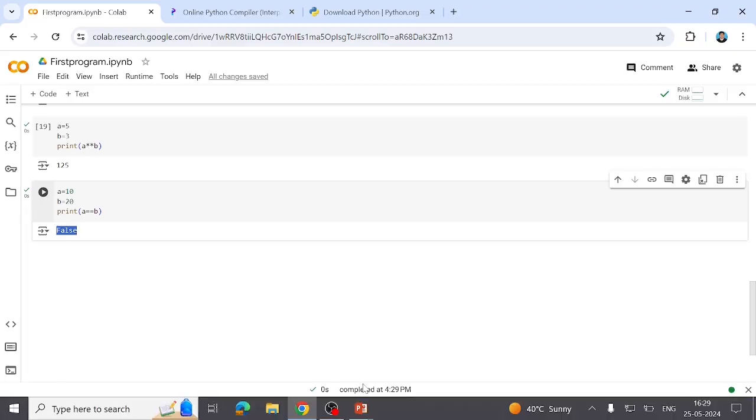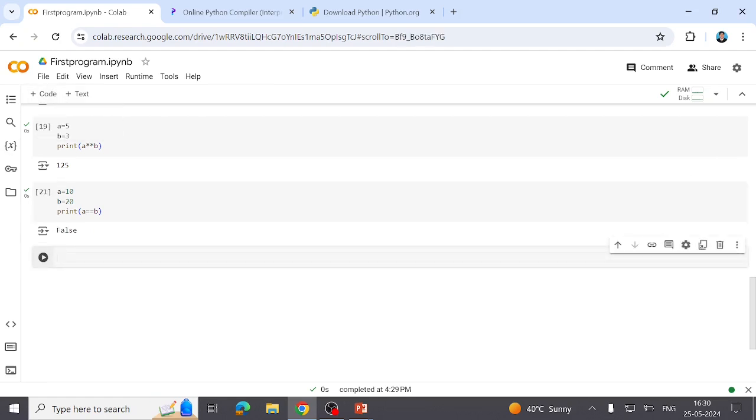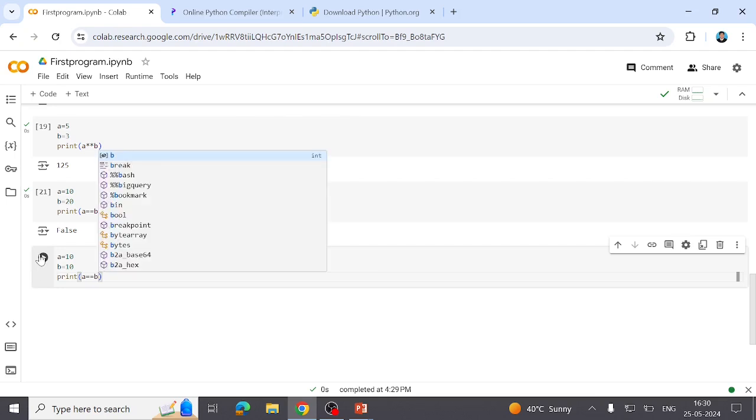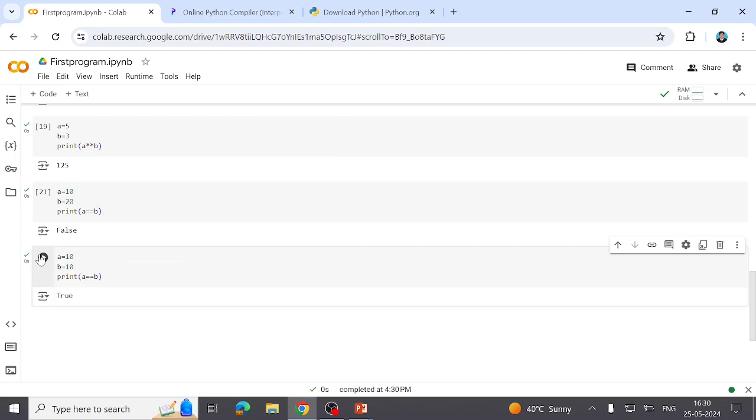Sometimes you just check not equal. Suppose 10 and 20 are not equal. Suppose a is 10 and b is also 10. Suppose print a is equal to b. Just check what is the result. The result is true.